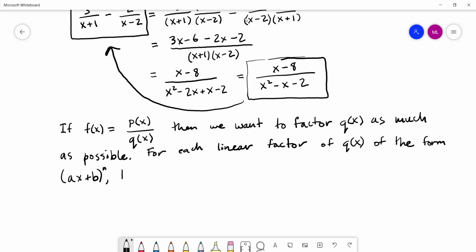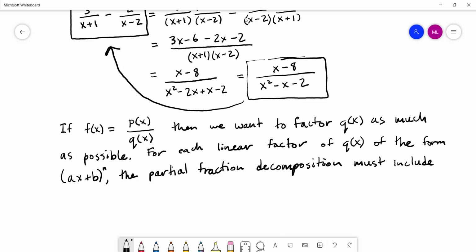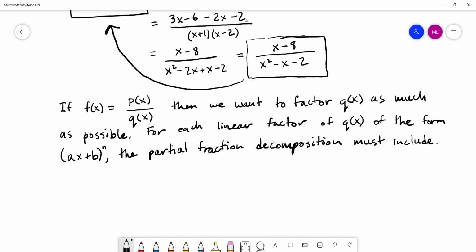For each one of these, the partial fraction decomposition must include the following terms. And so we'll write this all out, we'll do some examples, and hopefully I'll come back and summarize some stuff at the end.